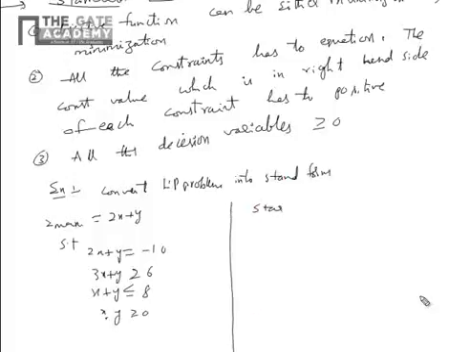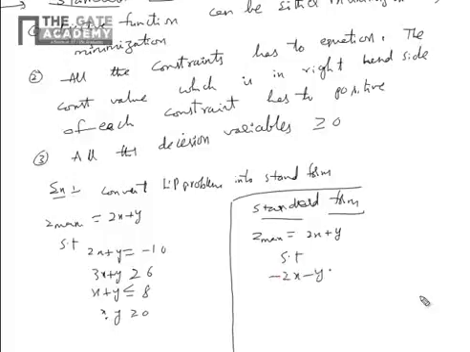So standard form converting. Standard form is first objective function. You can write maximization whatever it is, whatever he has given, it is subject to. All constraint right hand side values has to be positive. So multiply with negative value: minus 2x minus y equal to 10.